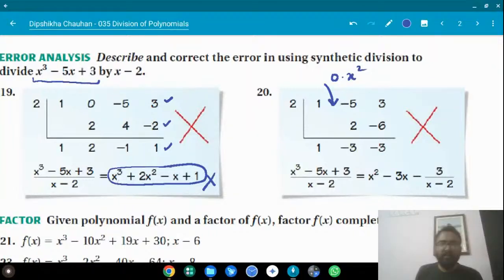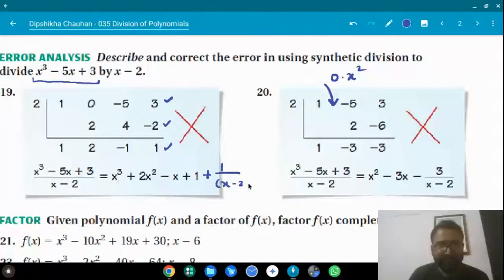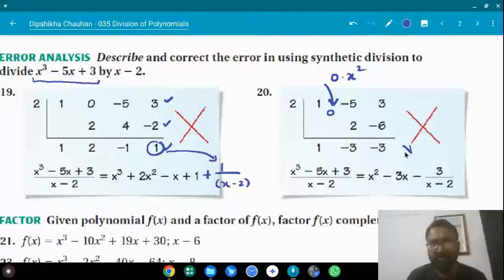And the remainder also we can write in this form, plus 1 by x minus 2. One can write like this. And here it is wrong, totally wrong. Here it is 0, this step is totally wrong.